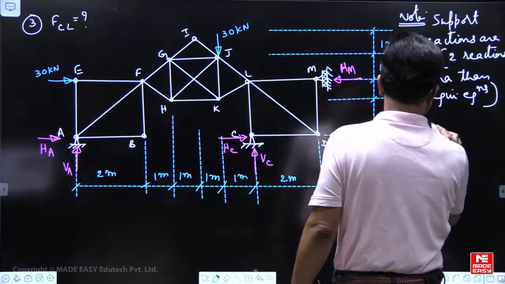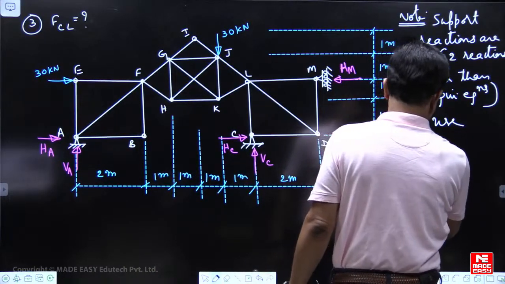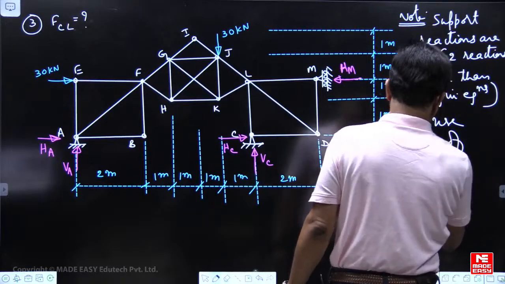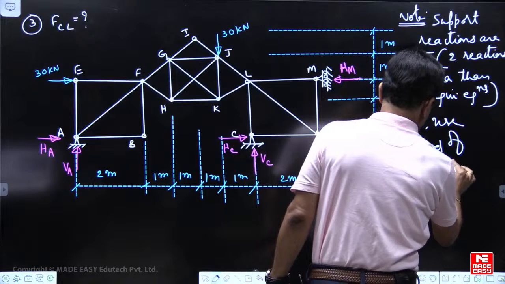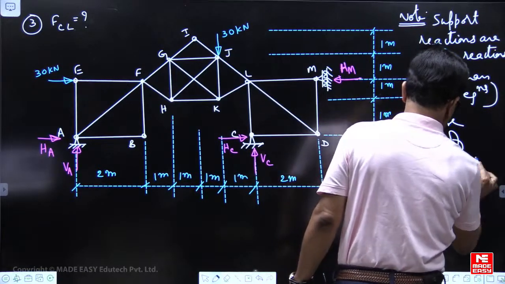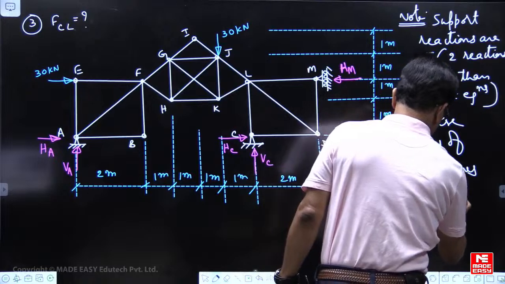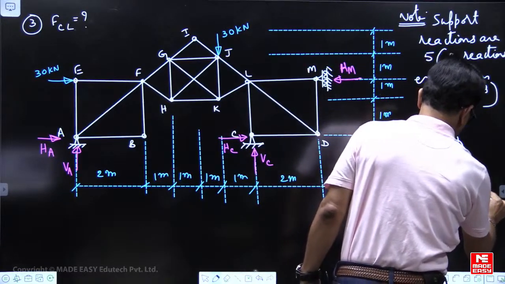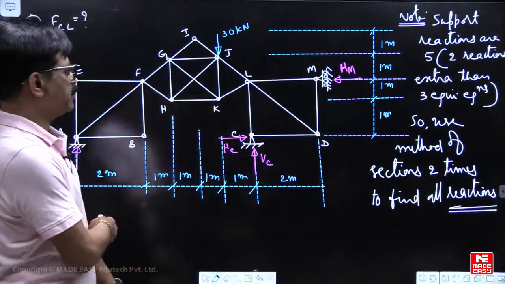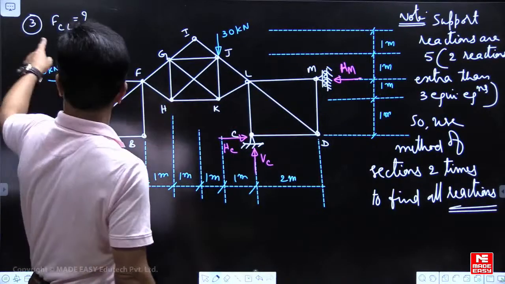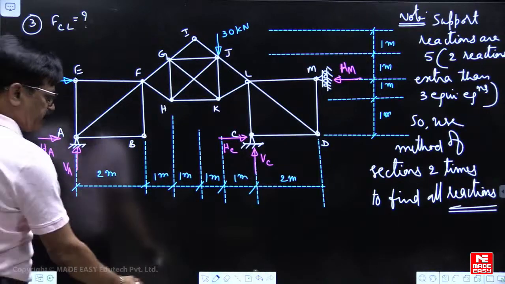So use method of sections 2 times to find all reactions. After finding the reactions, I can find the force in the member CL. Okay. Now come to this one.